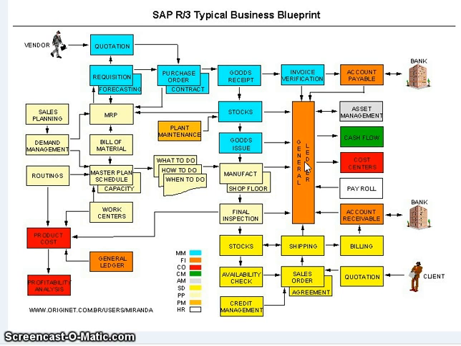So the FI module is an actual accounting, a financial accounting package, whereas the control module is a management accounting package. So that's how you can break it down. And so with the control module, you manage the cost internally.